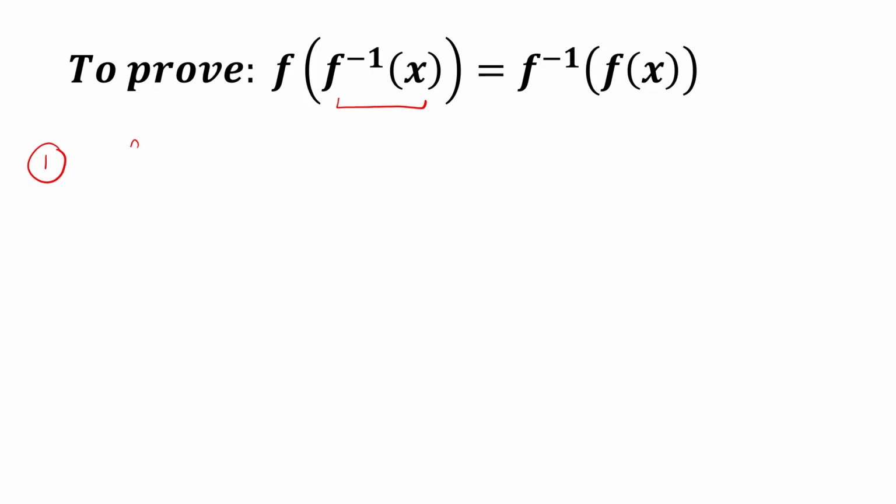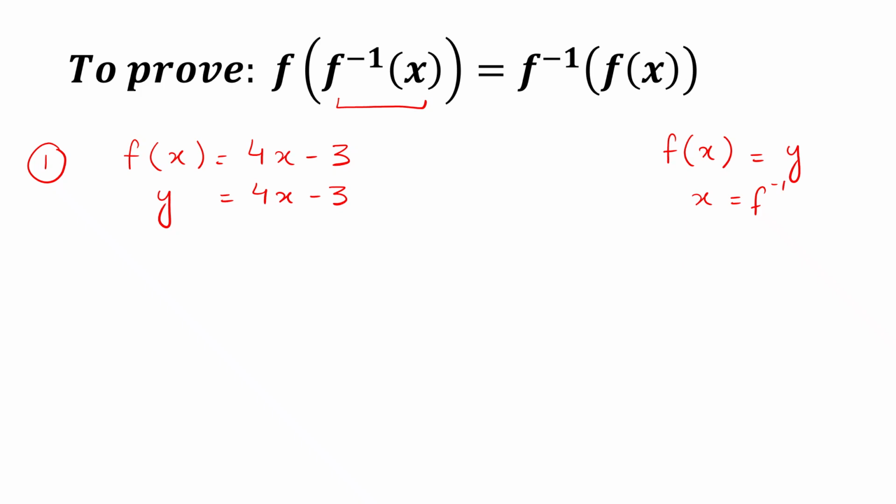start with the original function, which is 4x minus 3. Or we can write it as y equals 4x minus 3, because f of x and y are equal. From here we can find the value of x, which is f inverse of y. Second step is solve for x.